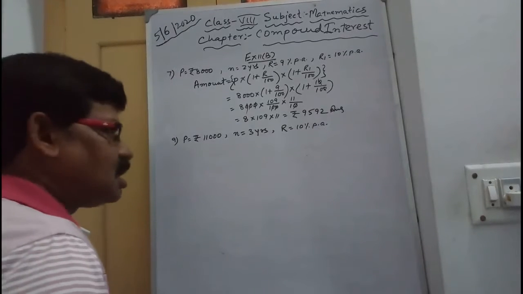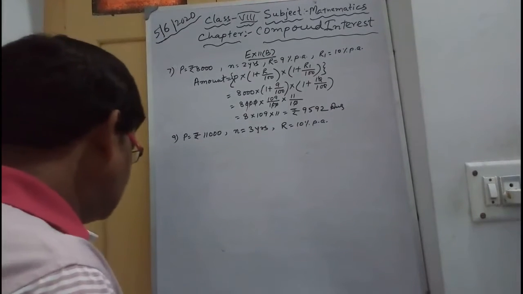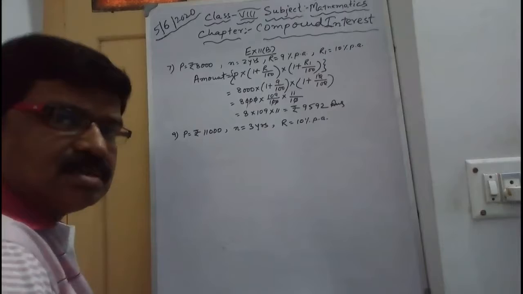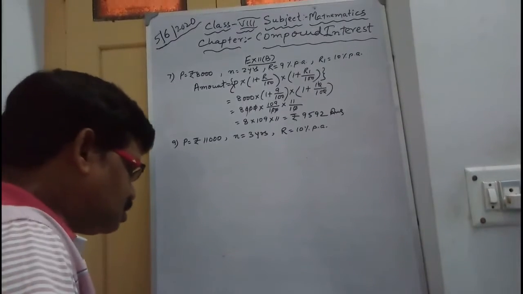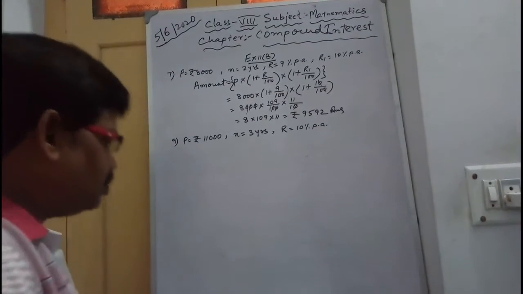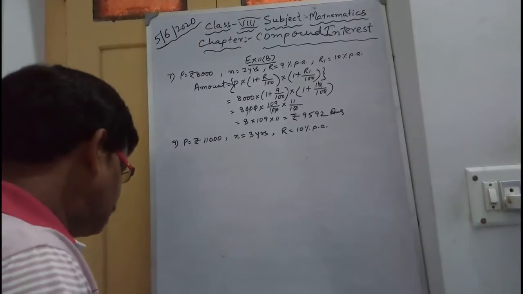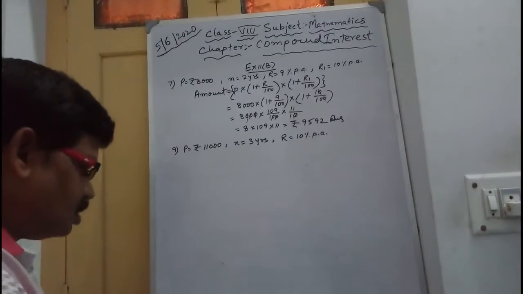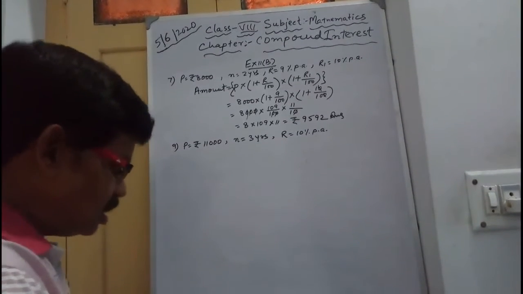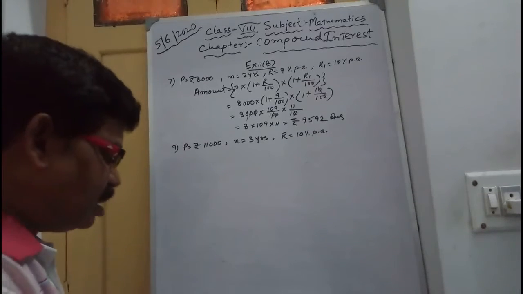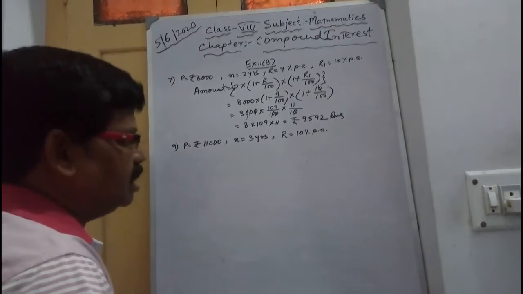So 3 years ago, Biru purchased a buffalo from Sujit for rupees 11,000. What payment will discharge his debt now? The rate of interest being 10% per annum, compounded annually.